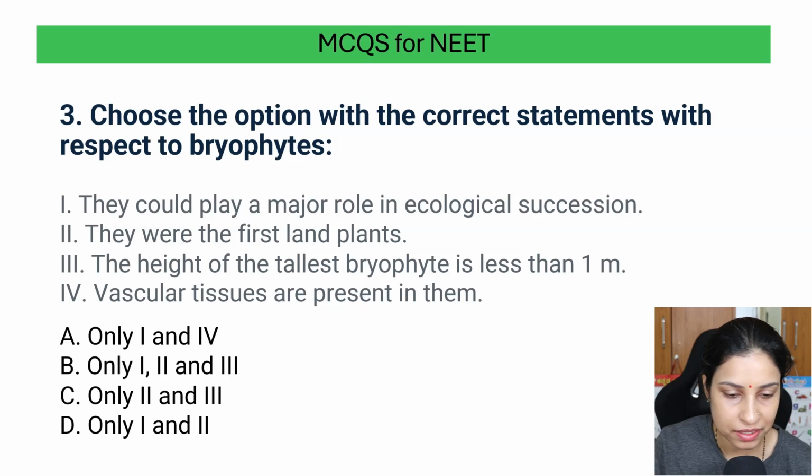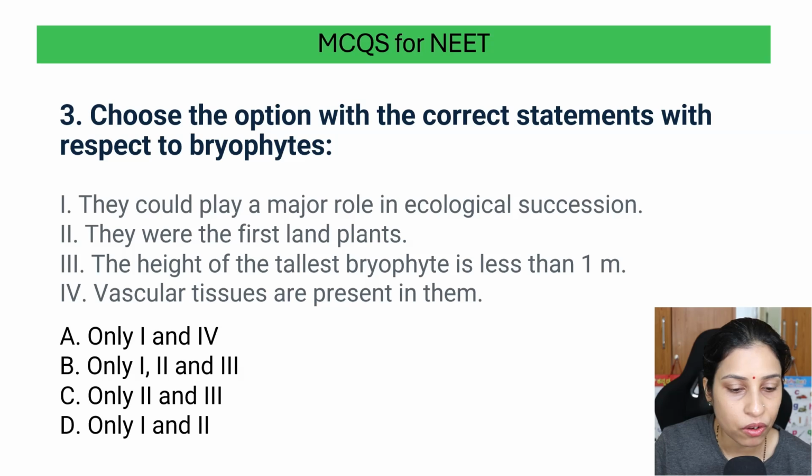The first statement is correct, right? They play a major role in ecological succession. And they were the first land plants, of course, after algae, slightly developed from algae, and recognized as the first plants that can grow on soil.